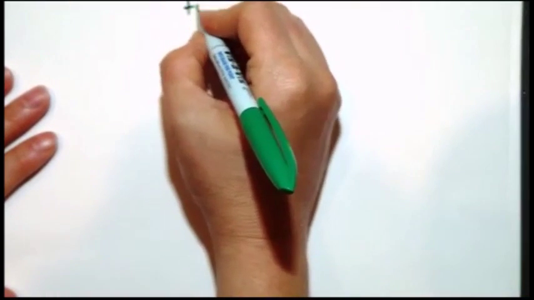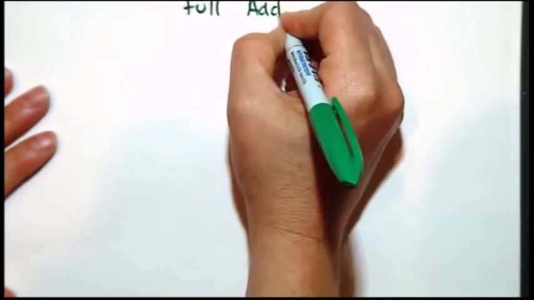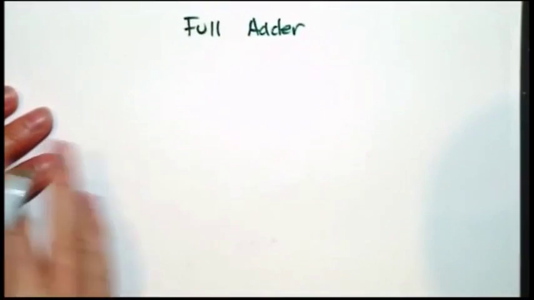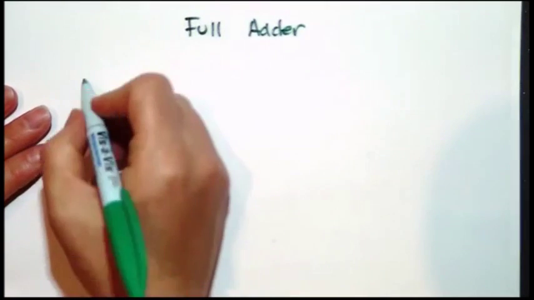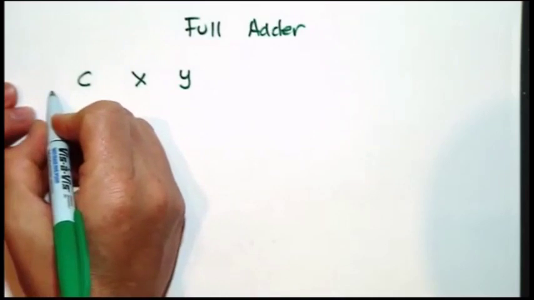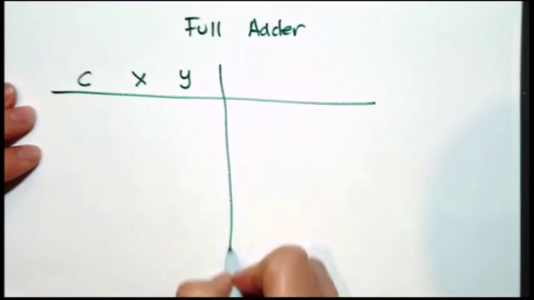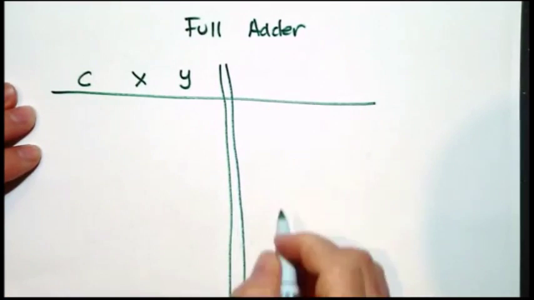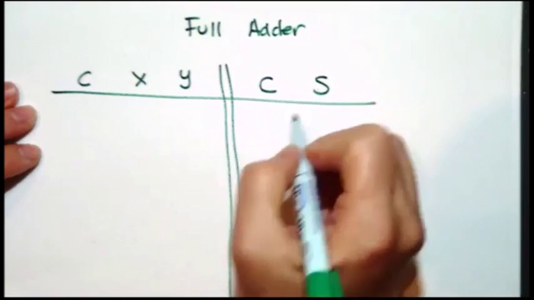Okay, so let's do a full adder. So a full adder has to have a carry. It has a digit, and it has 2 digits to add. We have to have a carry out, and we have to have a sum digit.